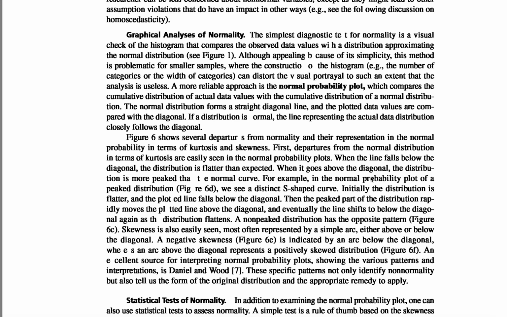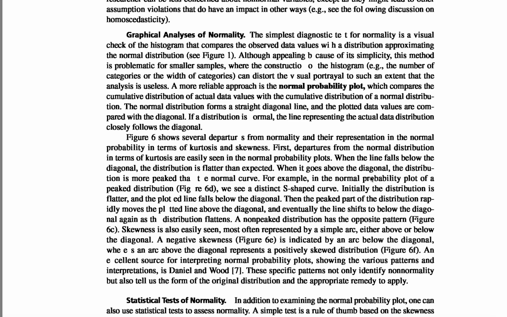The first departure from the normal distribution, termed kurtosis, is easily seen in the probability plot. When the line falls below the diagonal, the distribution is flatter than expected. When it goes above the diagonal, the distribution is more peaked than the normal curve. For example, for a peaked distribution in the normal probability plot, we see a distinct S-shaped curve.